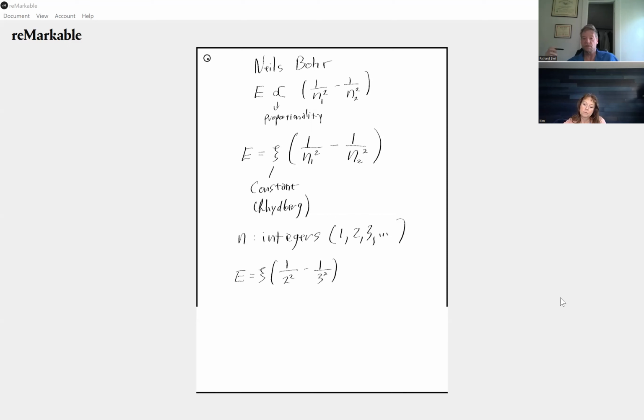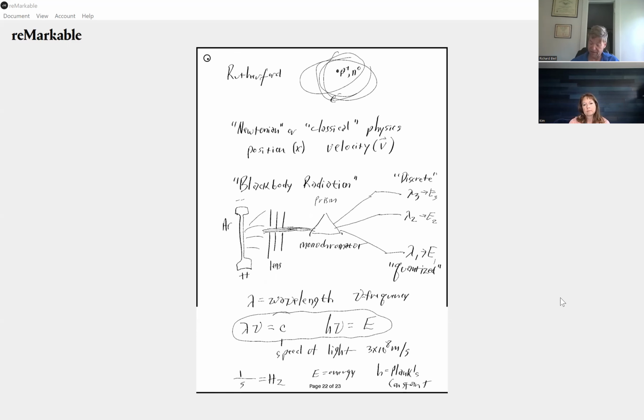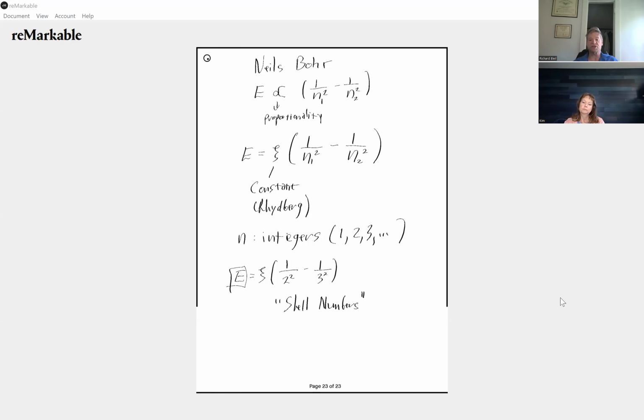He called those shell numbers. So if the electron is jumping from shell number 3 to shell number 2, you get a very specific energy. Just like here, we had a very specific energy. So these shells have very discrete, very specific energies.